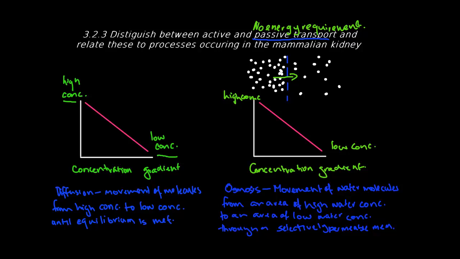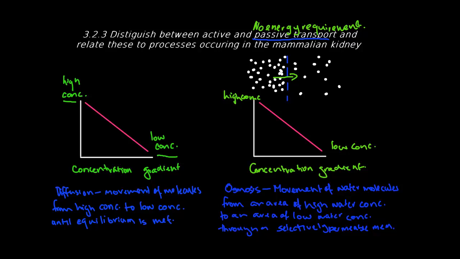This transport will continue until equilibrium is met, until there are equal amounts of the type of molecule in both areas. In the body, we see the movement of molecules across a concentration gradient or across a semi-permeable membrane, maybe the cell membrane, until there are equal amounts of salt molecules or sugar molecules on either side of the membrane.